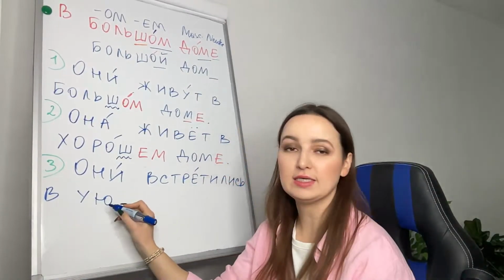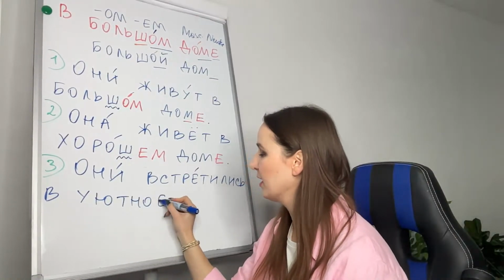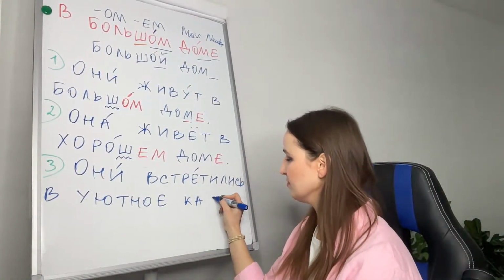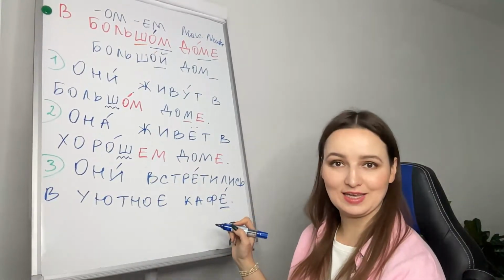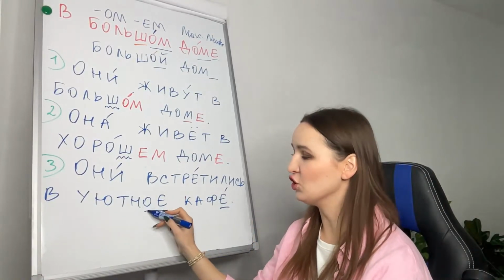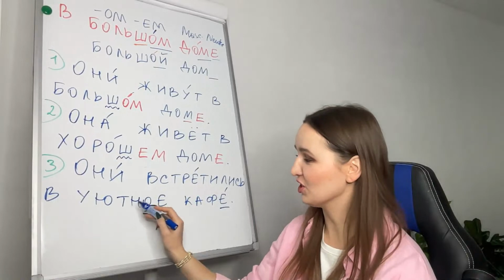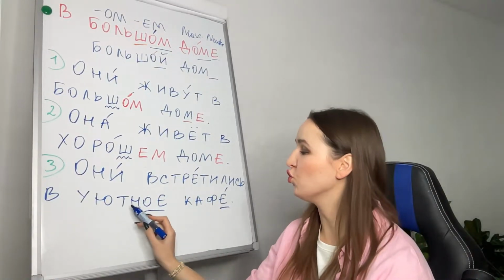First, let's write it in nominative. Уютное кафе. Cafe is neuter because it ends in ye, cafe. Уютное кафе. And this is a neuter ending, adjective neuter ending, because it is followed by a neuter noun.